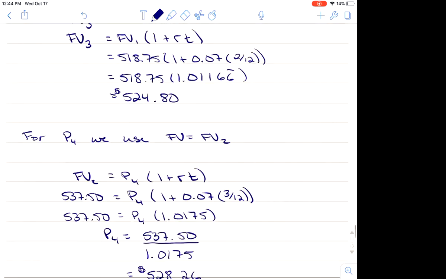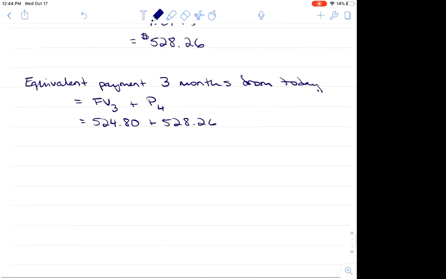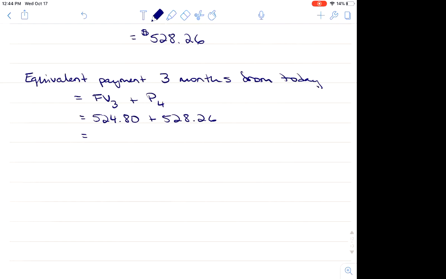Future value 3, 524.80, plus 528.26. 524.80 plus 528.26 is 1,053.06. So that's what she would have to pay 3 months from today, and that would be equivalent to payments at 5 and 10 months from the agreement date.